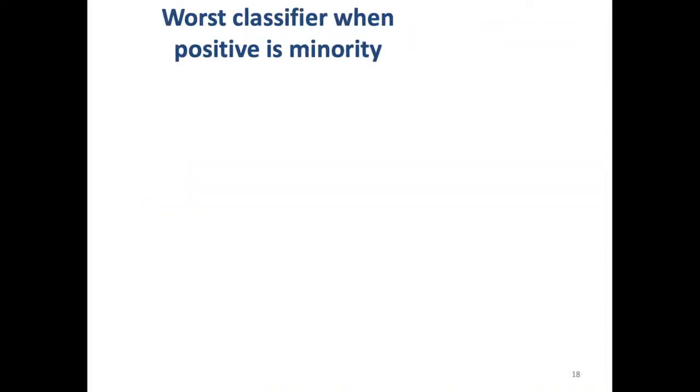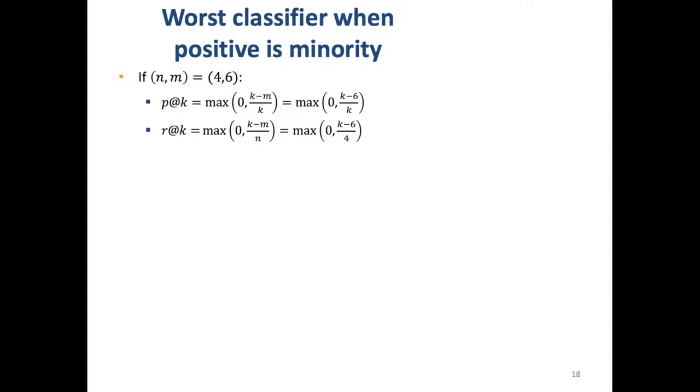So let's think about some cases when the positive instance is the minority class, which means the number of positives is smaller than the number of negatives. If this is the case, what's the precision at k and the AUC for different n's and m's?